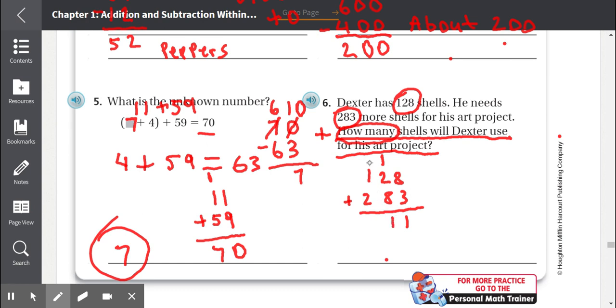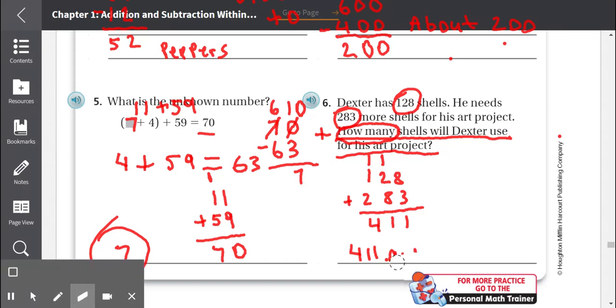We carry our 1 over to the hundreds place. 1 plus 1 is 2. 2 plus 2 is 4. So 411 shells.